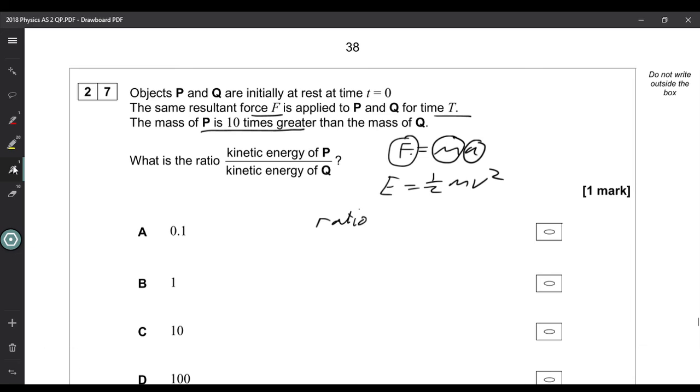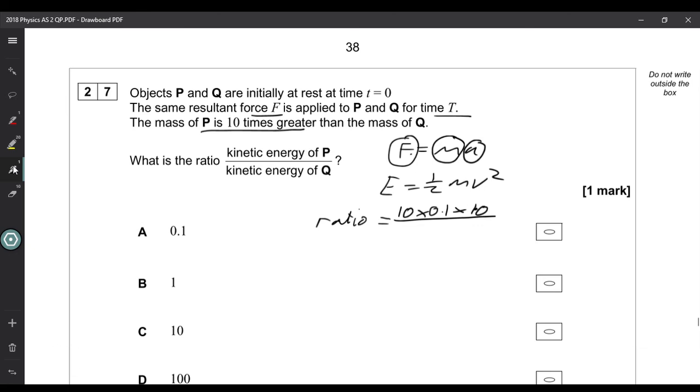So if we've got P, which is 10 times greater for mass, then we have 10 for the mass of P. But velocity is going to be a tenth compared to Q, so we're going to have 0.1. And because velocity is squared in the equation half mv squared, we're going to have that twice.